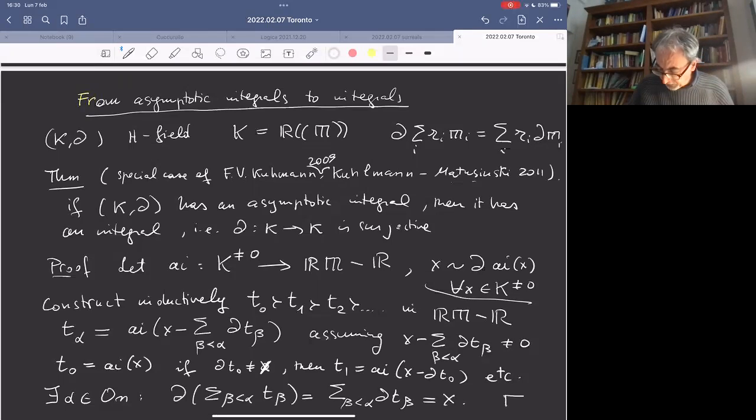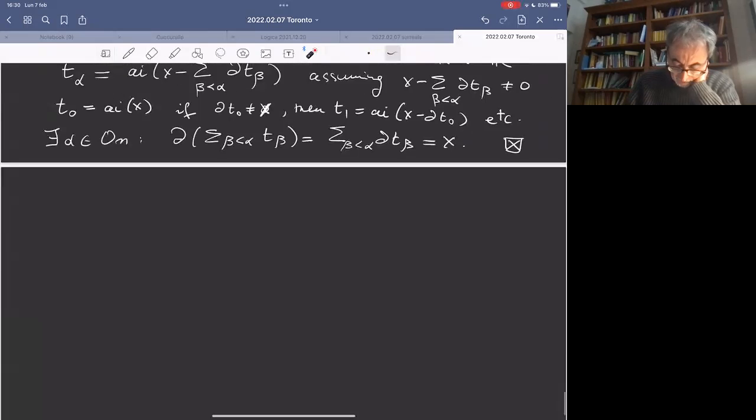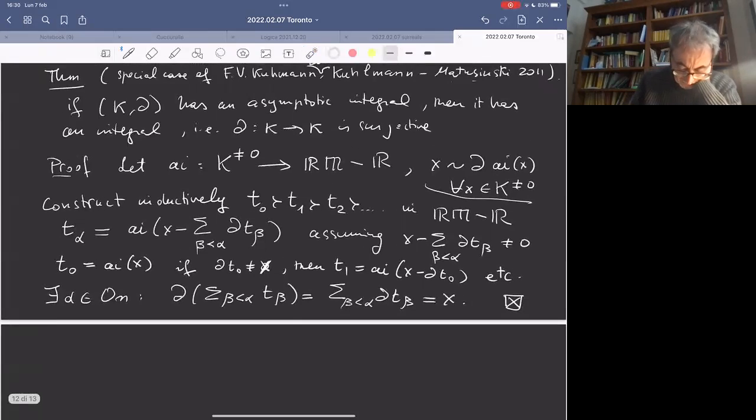So there are a few things to verify, in particular that this sequence is decreasing, but this comes very easily from the definition of asymptotic. Recall that x is asymptotic to y if and only if x minus y is dominated by x.